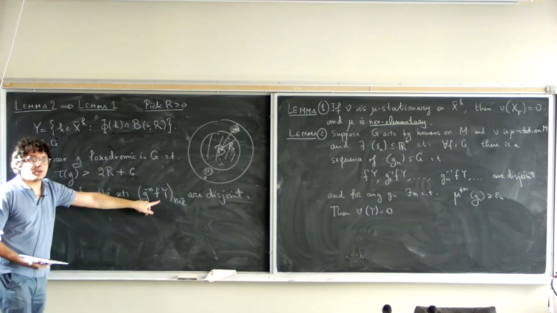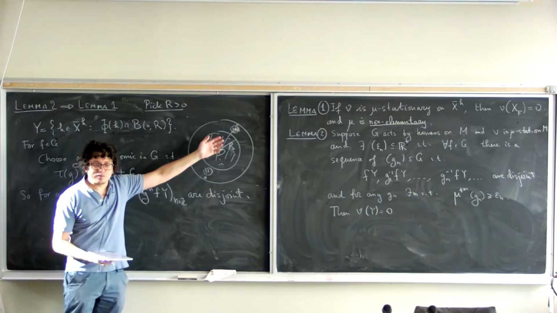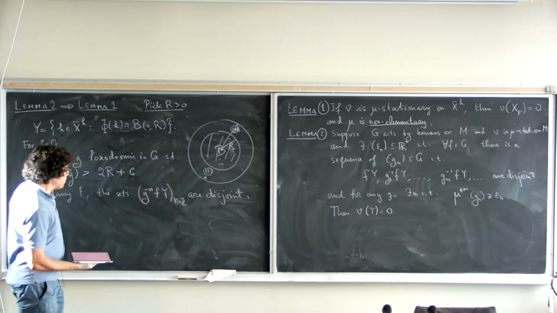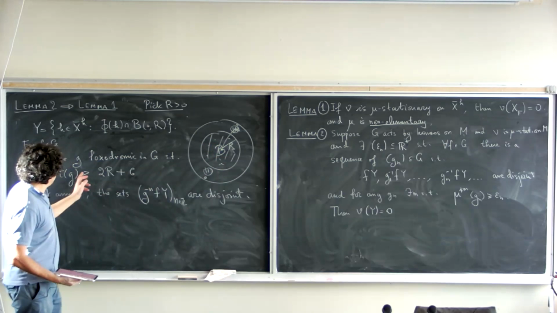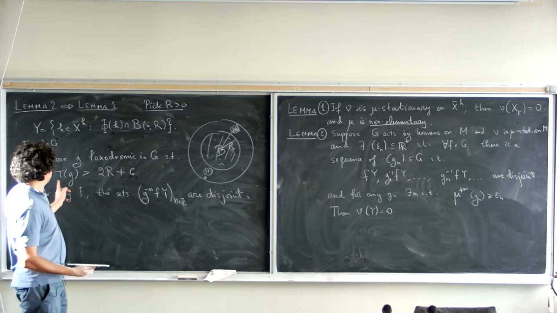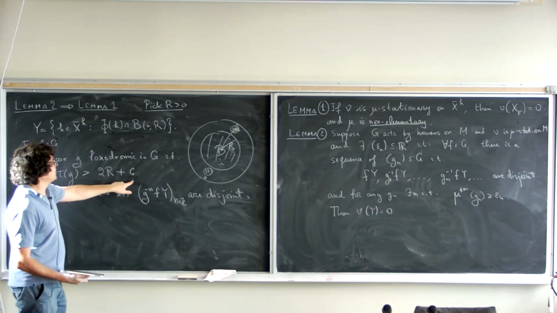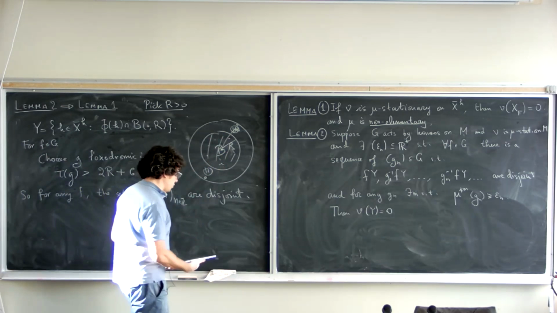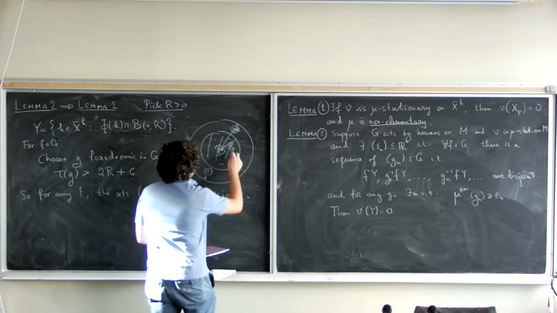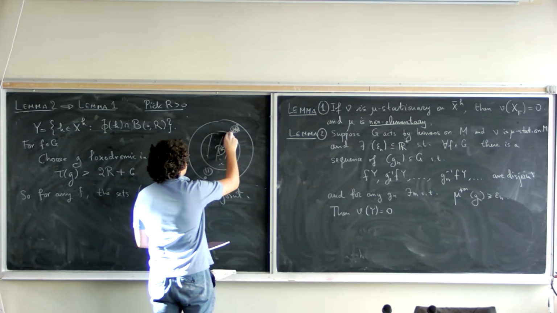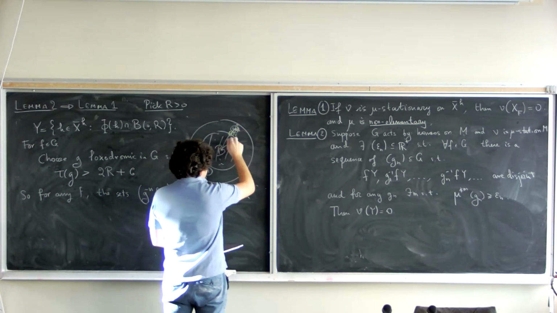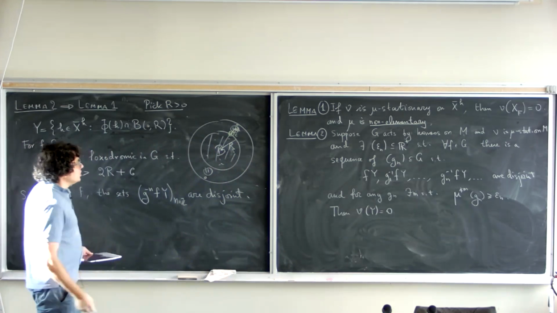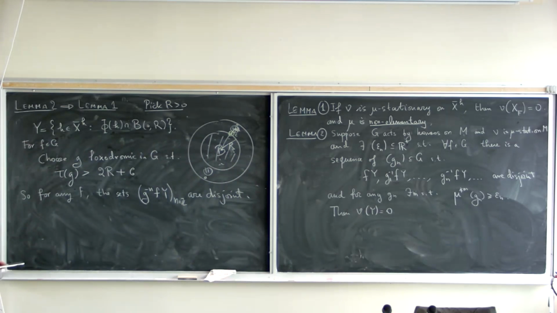We apply f, so we get a ball centered at f. The diameter is R, and g translates by more than 2R plus C. So you're in this picture. There could not be a Horo function that has a minimum in here, because this will have C, and there will be R, 2R and C. So 2R plus C should be smaller than that.